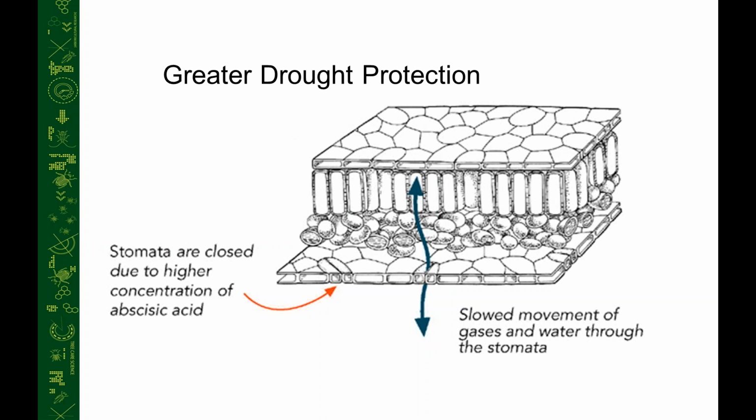It's not that they necessarily close more often and for a longer period of time, because the first thing that many of us start thinking of is, well, the stomates need to be open for photosynthesis to happen. If those stomates are closed, then we're not exchanging gases and photosynthesis isn't happening. What that increased abscisic acid does is it allows the plant to respond faster to drought and close those stomates faster.